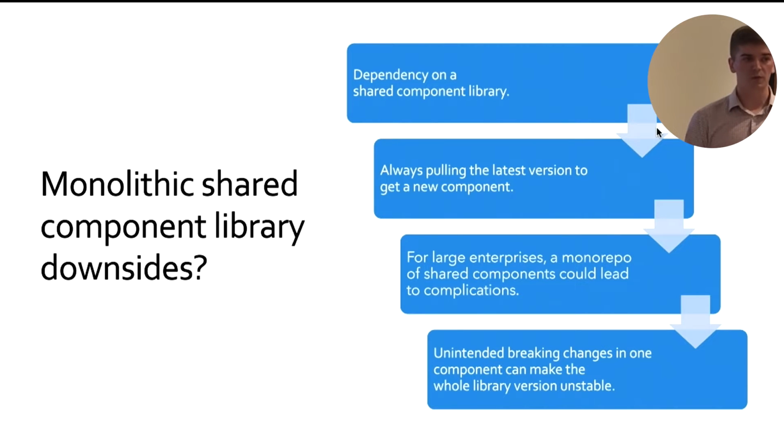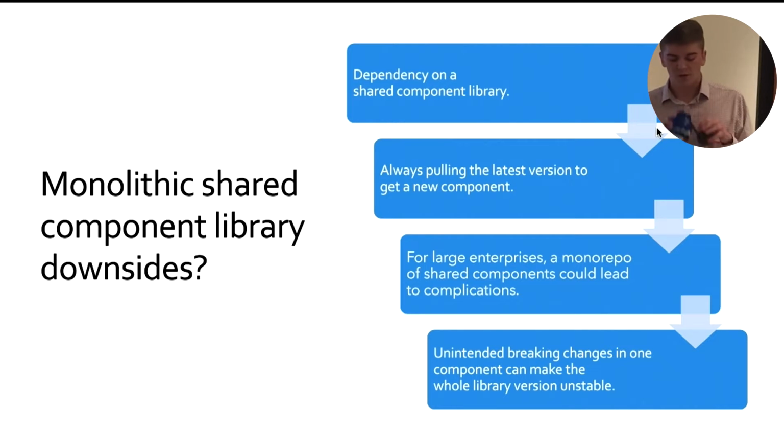So if you add a new component to the design library, then you always have to be fetching the newest version of the library. For larger enterprises, a monorepo of shared components can lead to some complications, including that unintended breaking changes in one component can make the whole library version unstable.